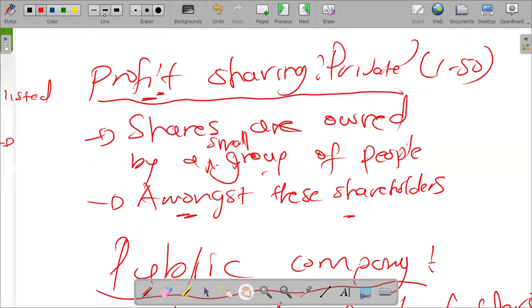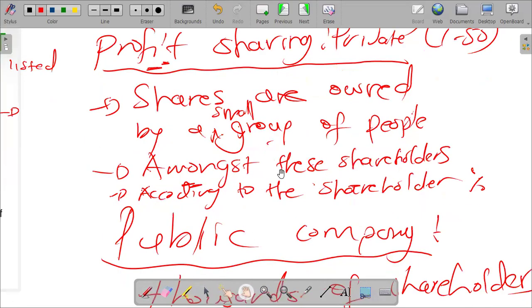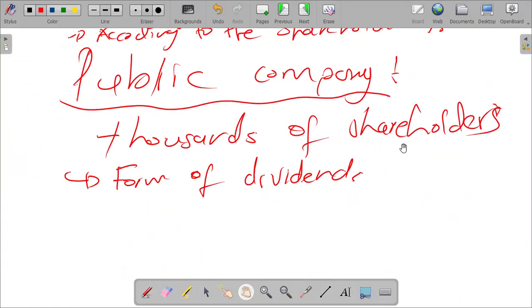And remember, they are shared according to the shareholder percentage. Now, when we come to a public company, there are thousands of shareholders because it's a publicly listed company. So they share it in the form of what?